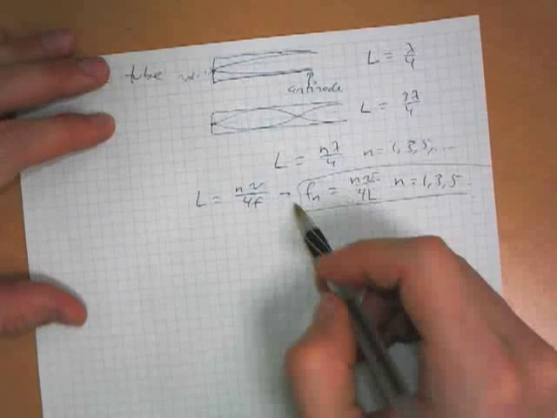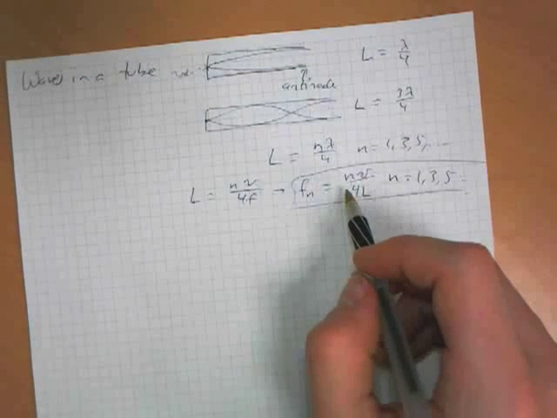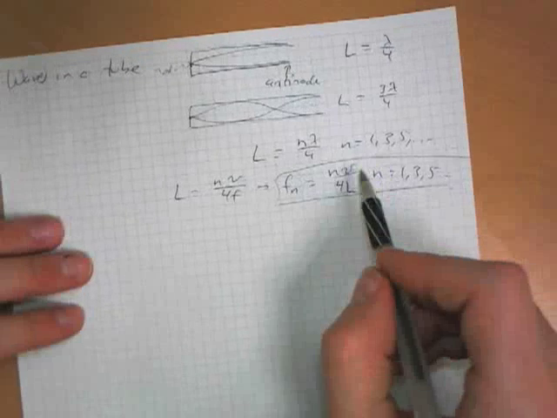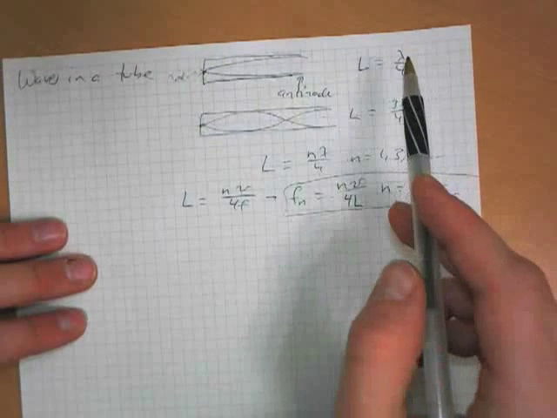This is something we're going to use for our lab. We're going to see where we produce resonance. But anyway, so for a closed tube, we can see there are only odd harmonics.